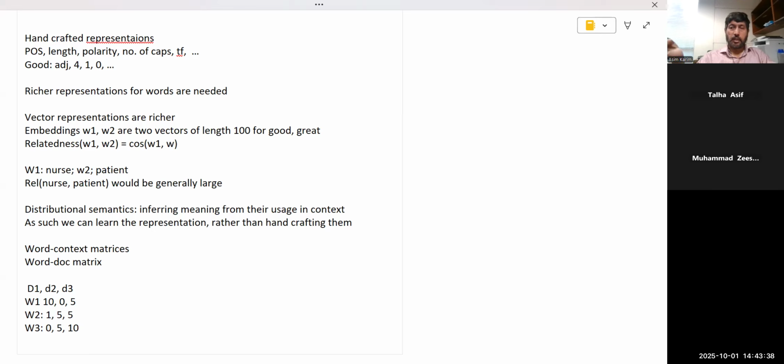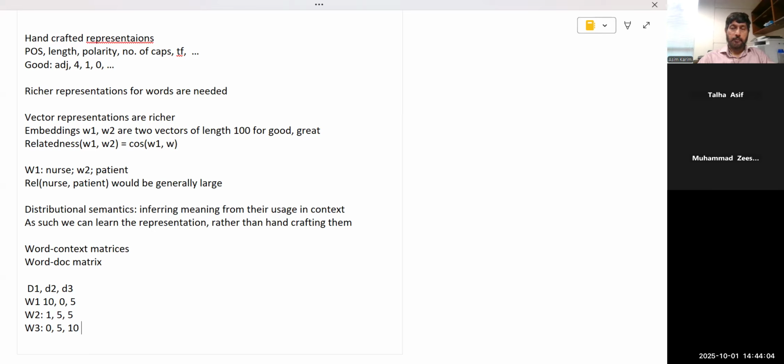Because we know that if a word is used repeatedly in the same document, it means that they will be related. Okay? And so cosine would be able to quantify that. So this is the idea of word context matrix, and we have already seen this in the idea of creating document matrices.